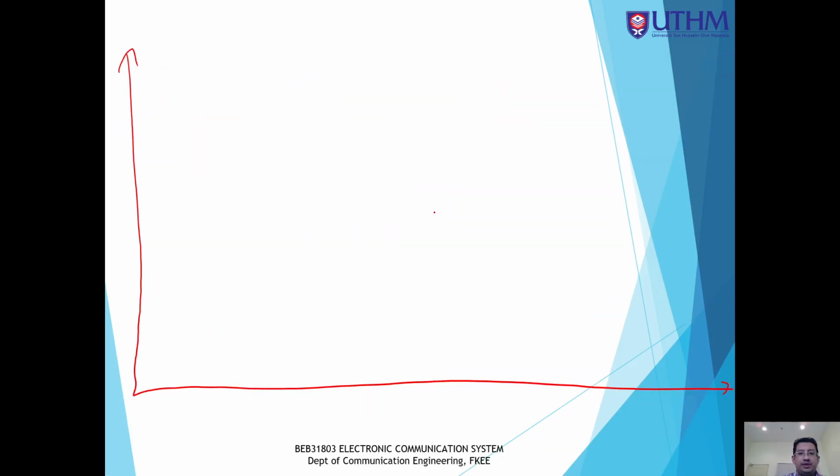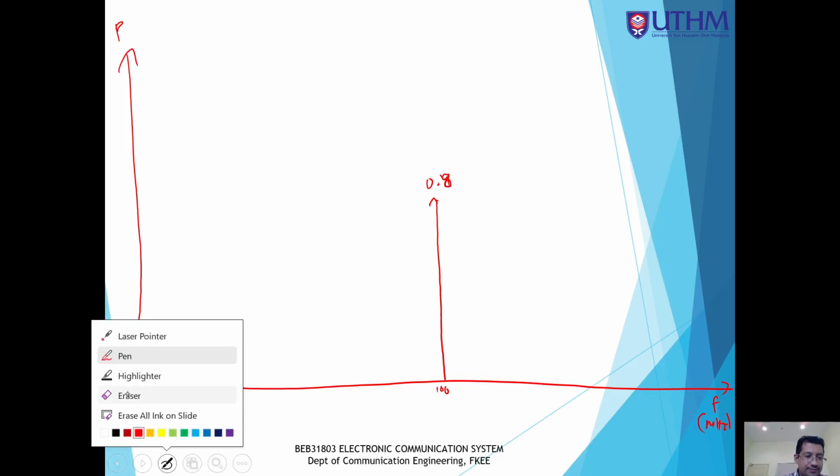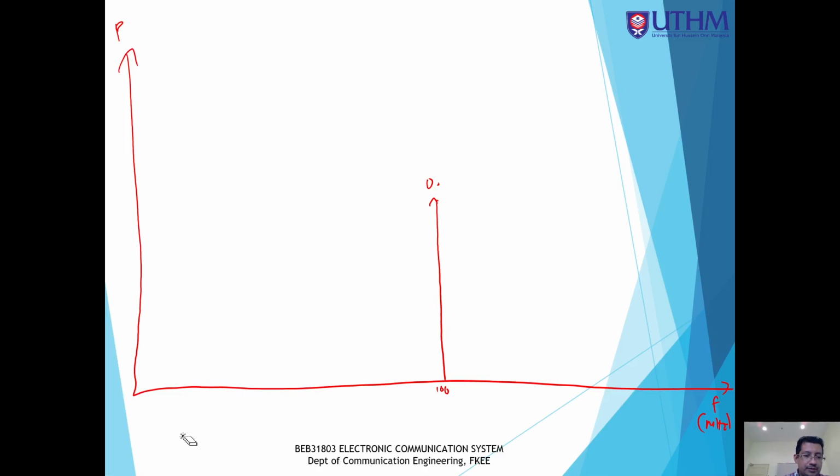So for example, here is 0.8. This is power in terms of watt versus F in megahertz, and the center would be 100, with 0.8 watt. The value is taken from the table.